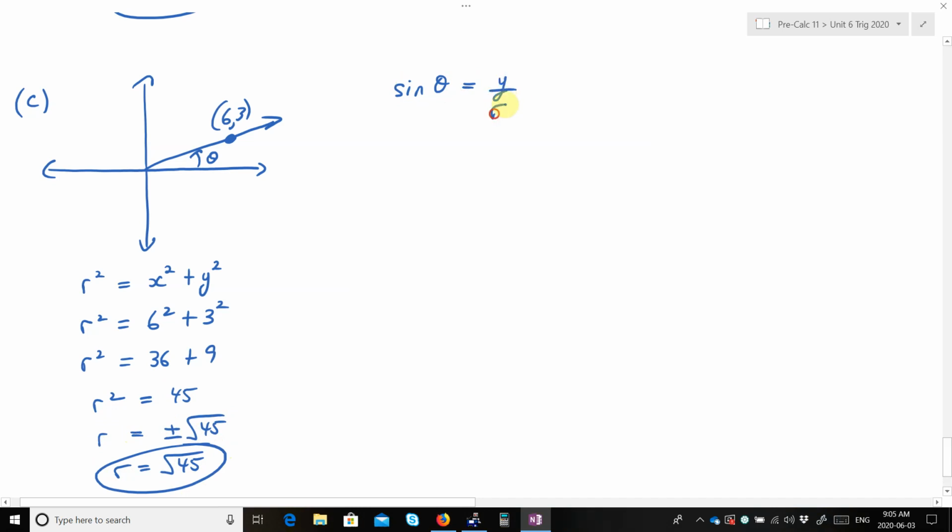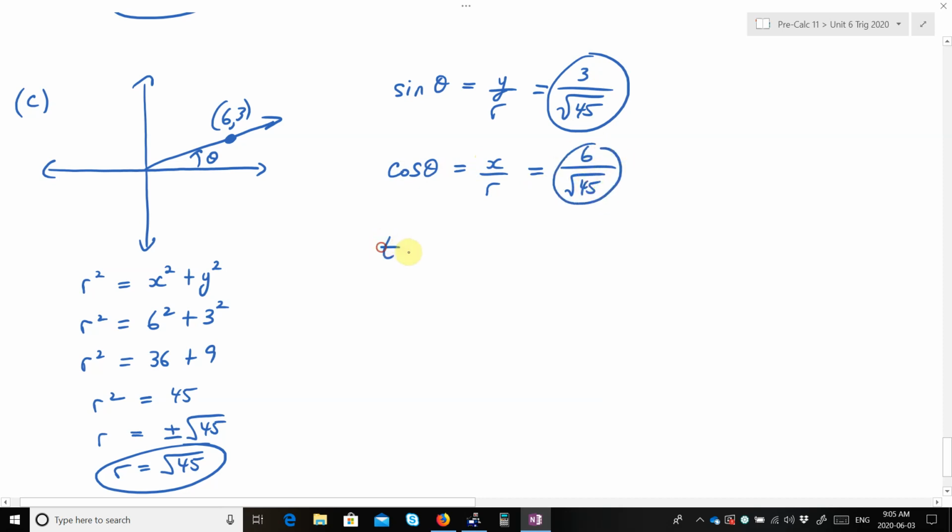Sine theta is y over r, so 3 over root 45. Cos theta is x over r, which is 6 over root 45. And tan theta is y over x, which is 3 over 6, which I guess we could break down to 1/2.